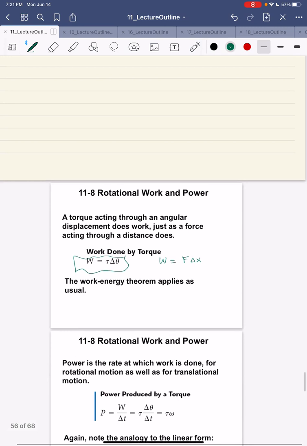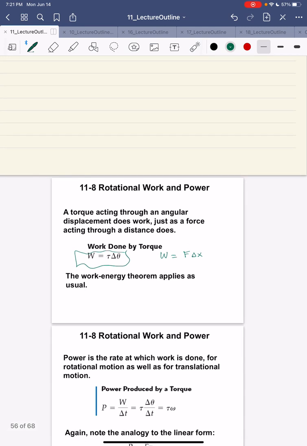And also the work-energy theorem applies, then work equals change in kinetic energy. I will say the total work should be 1/2 I omega final squared minus omega initial squared.